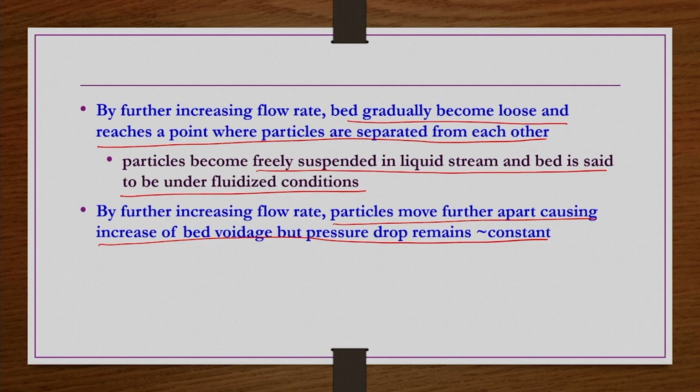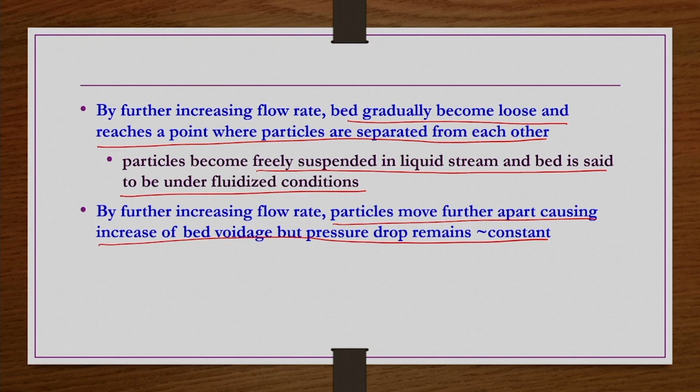Okay. So, the change in pressure drop with increasing flow rate or superficial velocity is there only for the case of a fixed bed, or conditions such that there is no relative movement of the particles, even if it is not a fixed bed, if it is not constrained at the top.